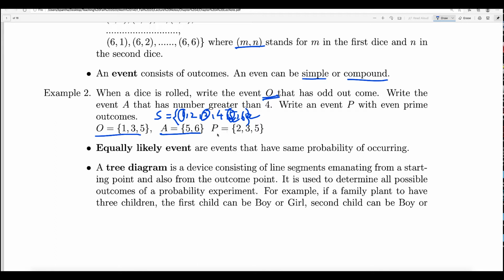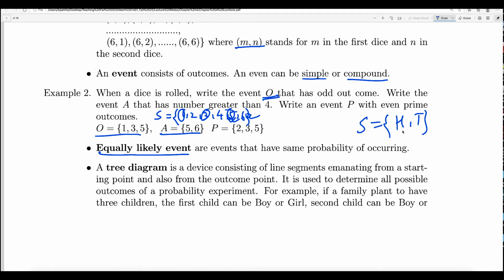Okay, now look at this. Equally likely events are events that have the same probability of occurring. When you roll a dice, these are the possibilities you can get, and all the outcomes are equally likely to occur. That's why we call them equally likely events. If you toss a coin, the sample space will be head and tail, right? So there is equal probability or equal chance of getting head or tail.